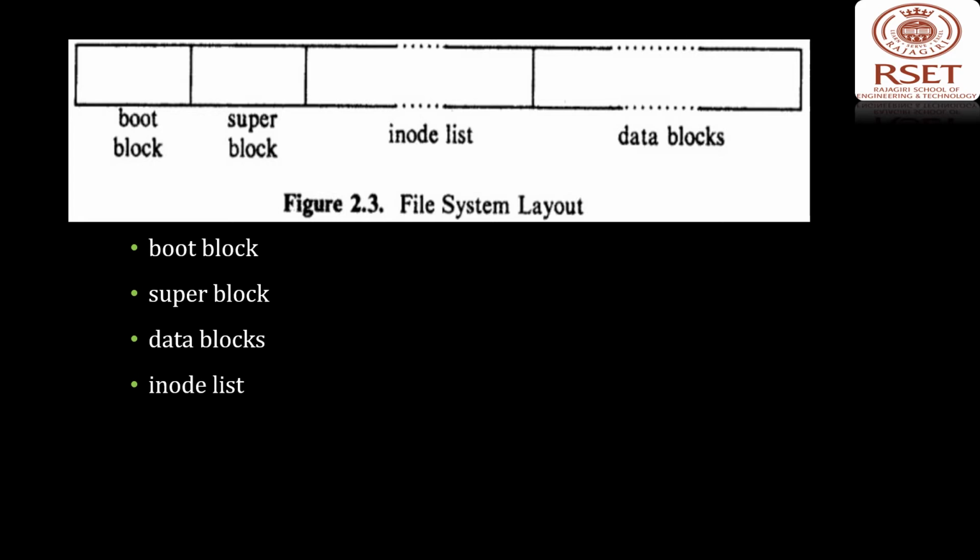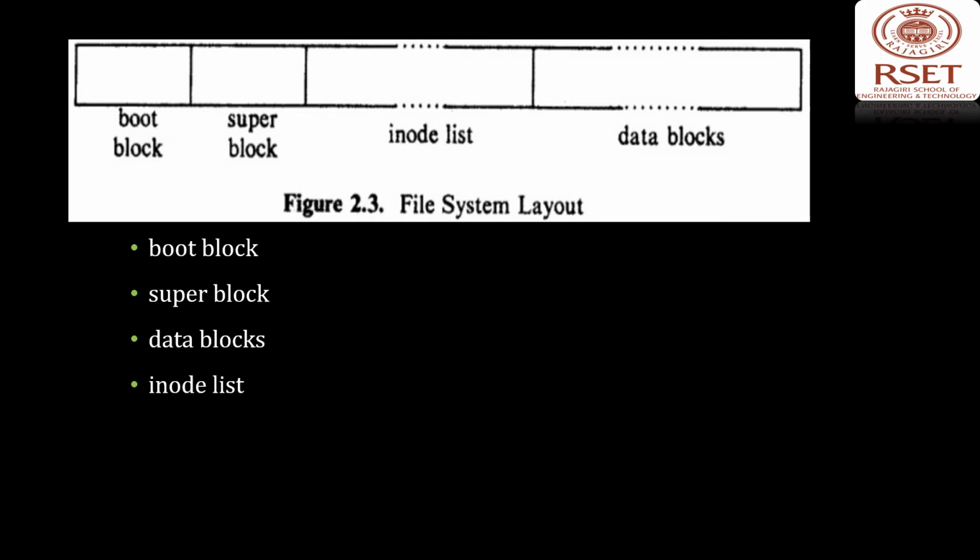Now in this figure, you can see a file system layout. A file system has the following structure, as you can see on the screen right now. So it has a boot block, a super block, an inode list, and data blocks.